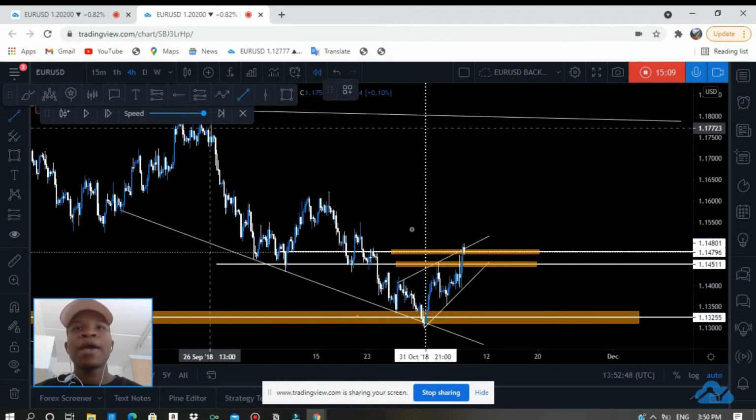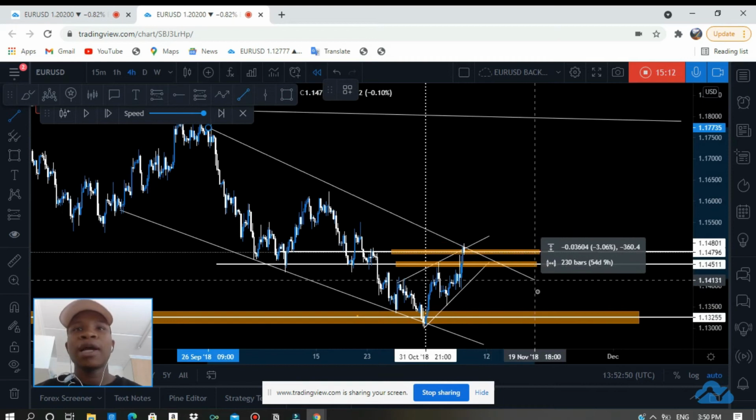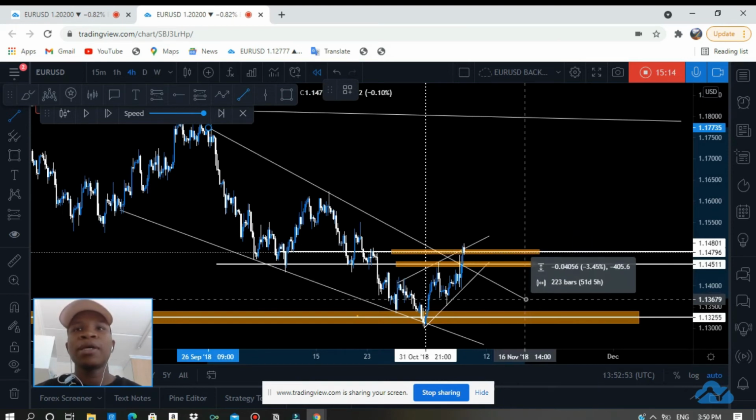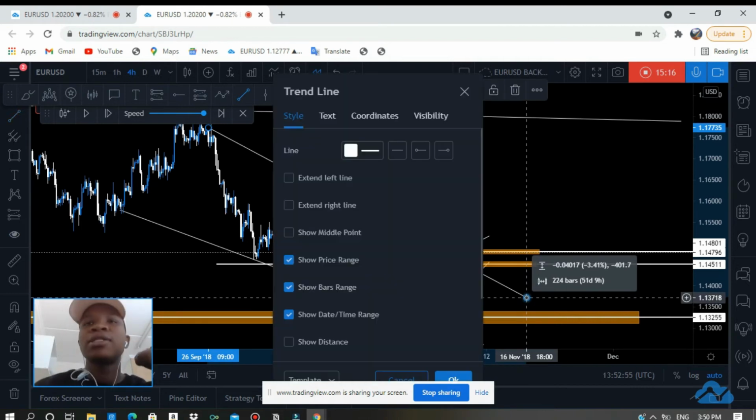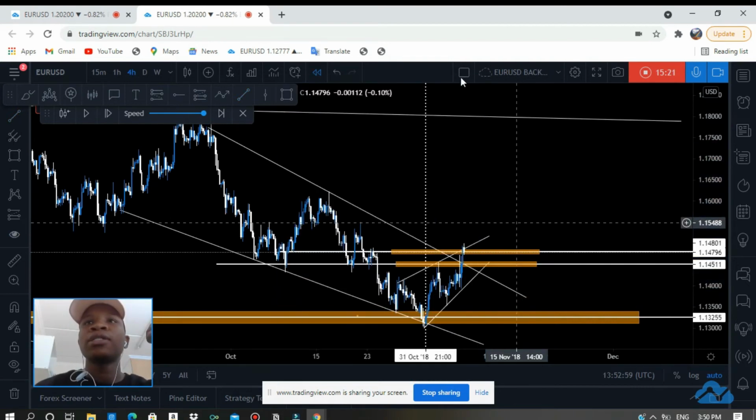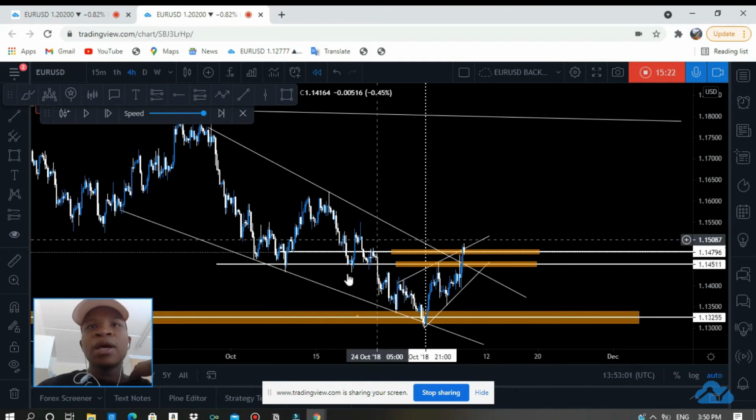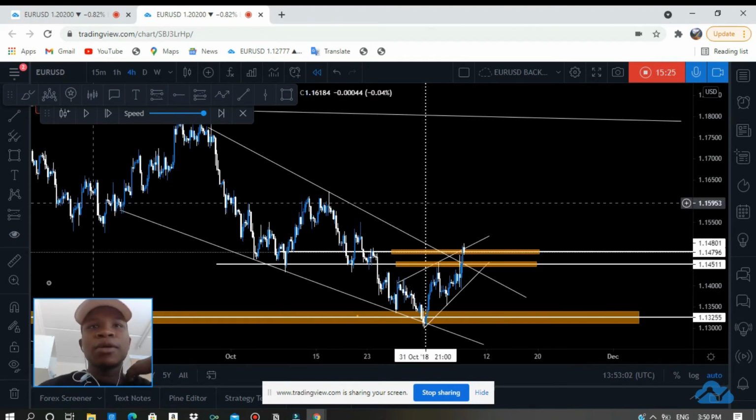But for the fact that I had too many things to place my trend line on, I just decided to wait and see how price would react. So it was a beautiful descending channel, because I had one, two, three, and then price did what?